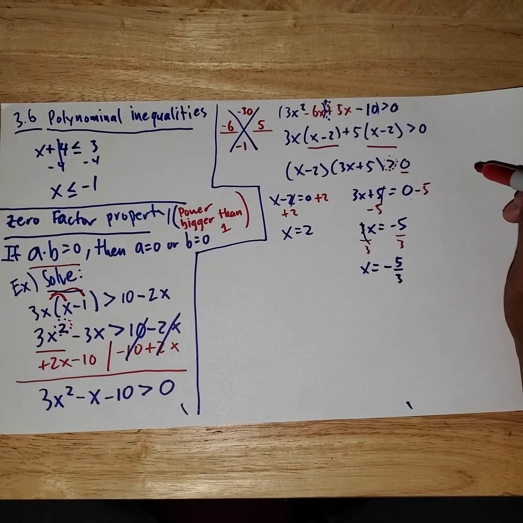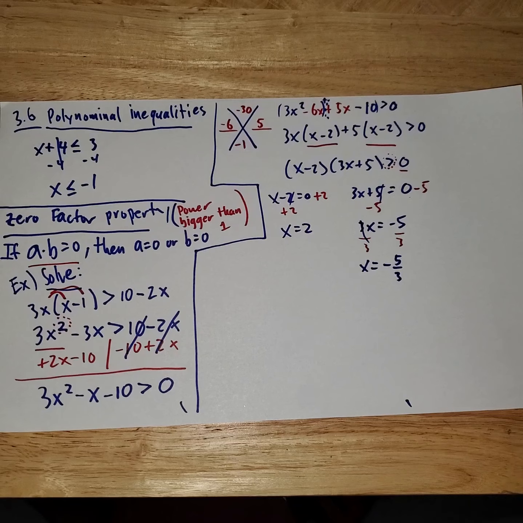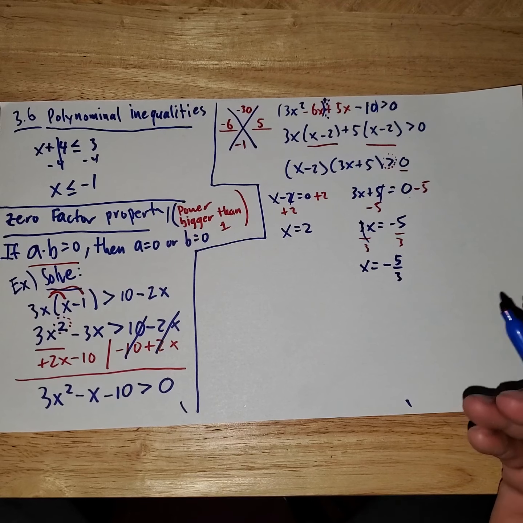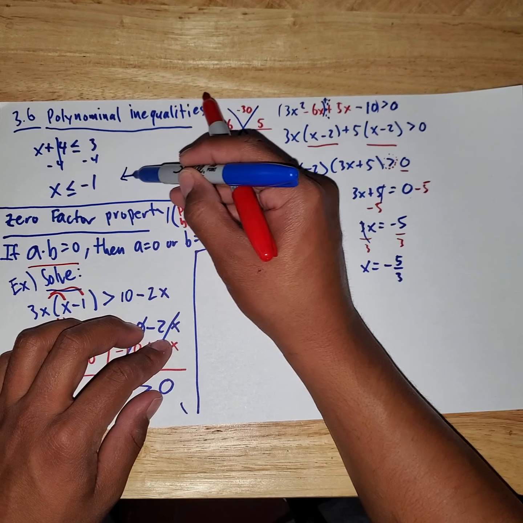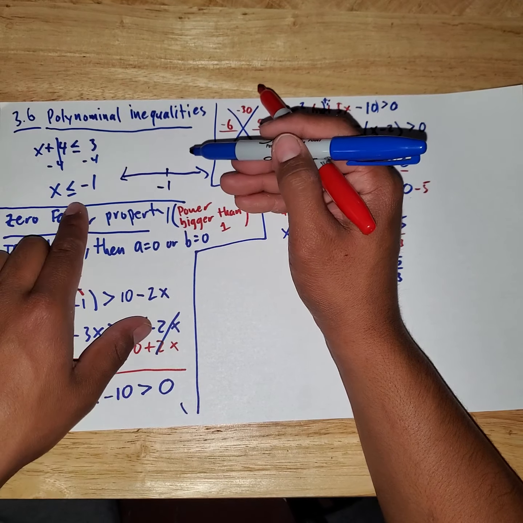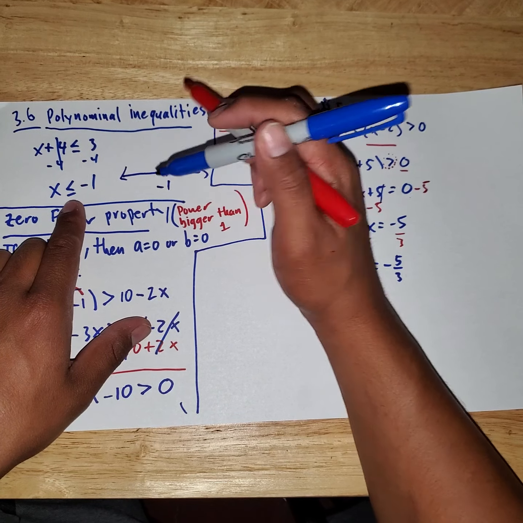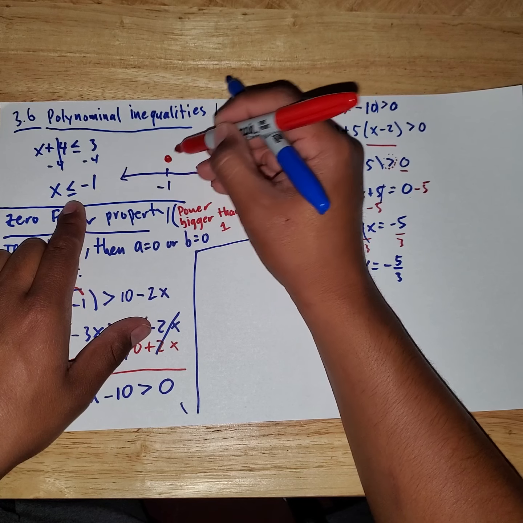Now, the way we solved inequalities was looking at a number line. So, when we did something like this over here, we drew a number line. And then we saw where negative 1 was. And then we know this says equal to that, so you end up having a closed circle here.